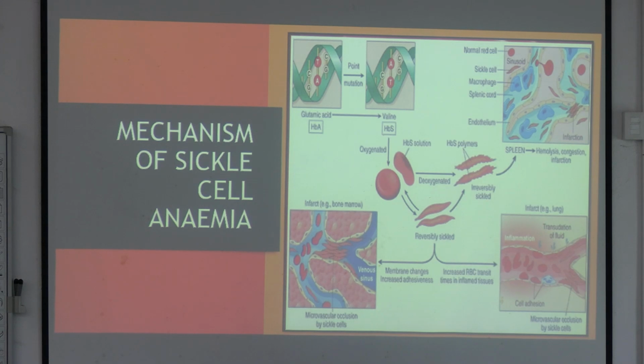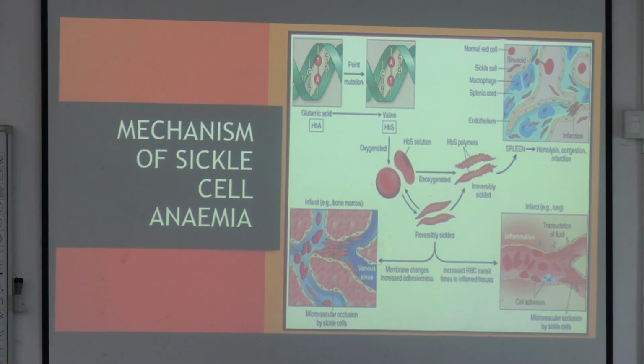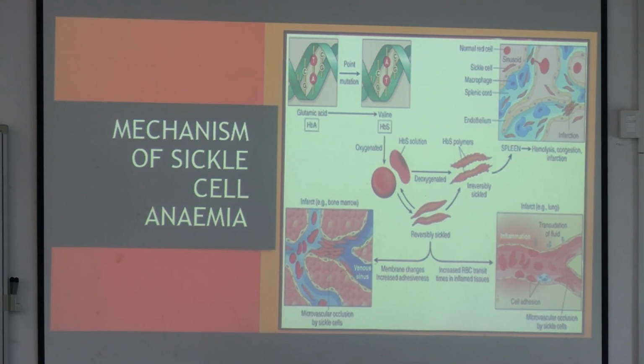This normal RBC will contain HbA, but if HbS accumulates in the RBC, then this normal biconcave shape of the RBC will change to a sickle-shaped RBC. This sickle-shaped RBC is responsible for various crises of the patient.